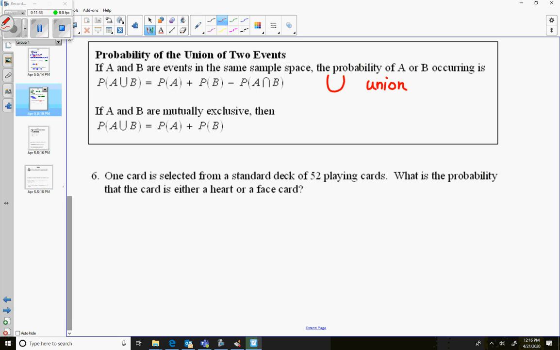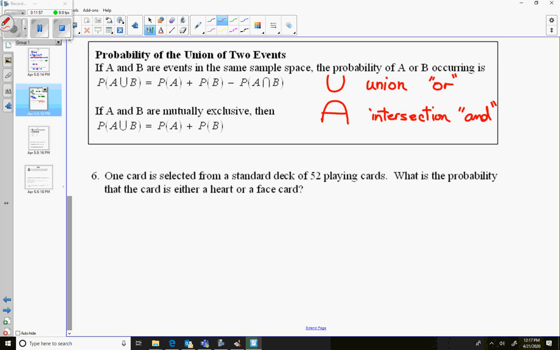Your union statements were your OR statements, if you remember that from earlier this year as well as Algebra 2. If it's turned the other way around, that is your intersection symbol.